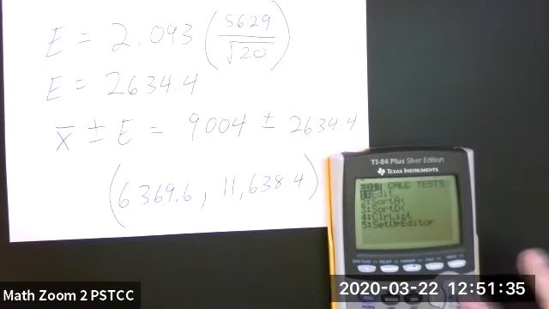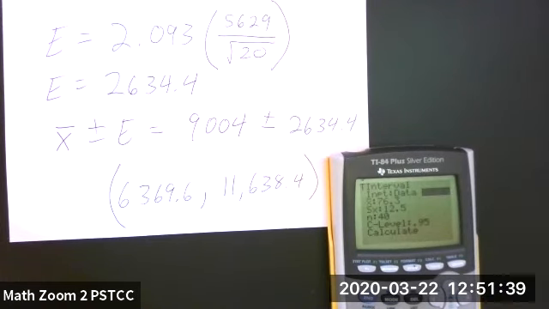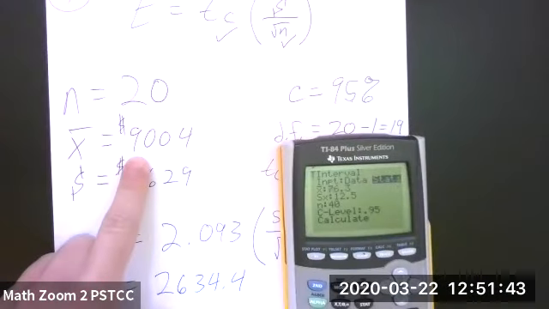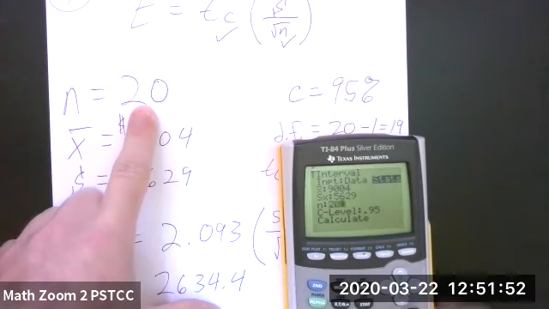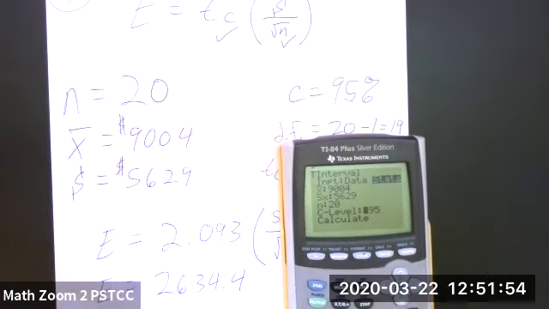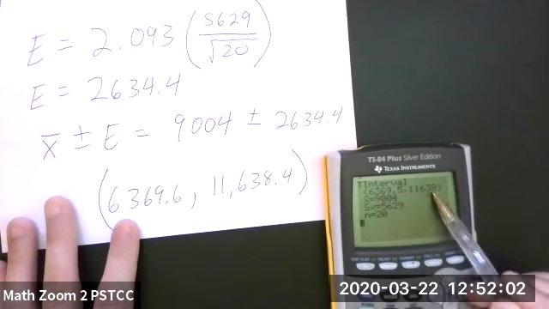Stat, test, again, t interval, stats. Sample mean was 9,004. S, sample standard deviation, 5629. Sample size was 20. Confidence level was 95%. There's our solution.